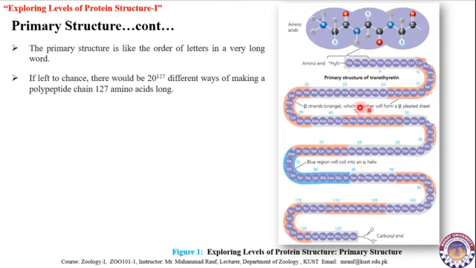Just the rearrangement of those 20 amino acids gives you a very good idea about the diversity of proteins. Although they are made up of those 20 types of amino acids, it is the sequence of those amino acids which makes them different from one another.